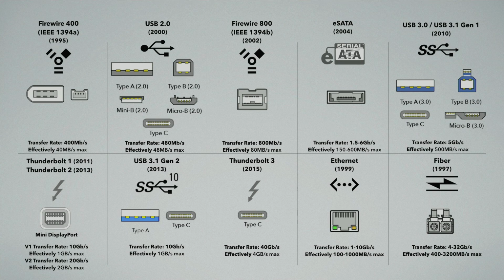And fiber can give you anywhere from 4 to 32 gigabits per second, which means 400 megabytes all the way up to 3.2 gigabytes a second. It's pretty fast. It's not quite as fast as Thunderbolt 3, but it's pretty fast. Does anybody have any questions before I move on?